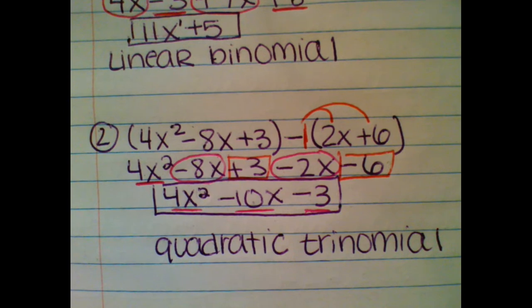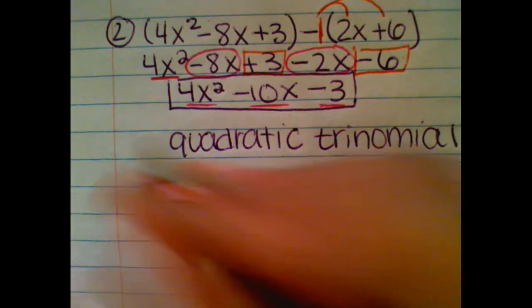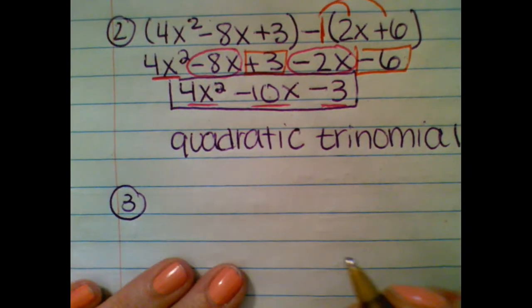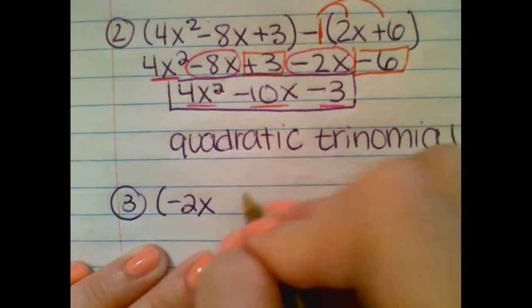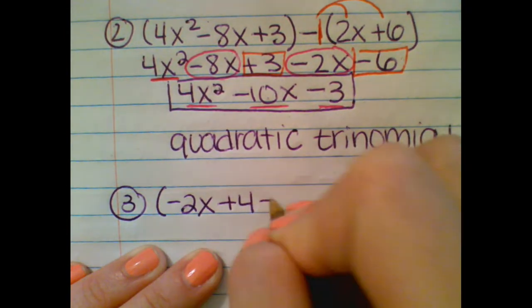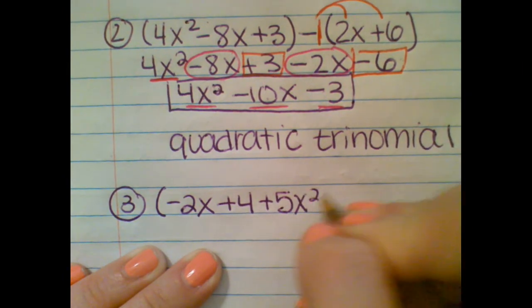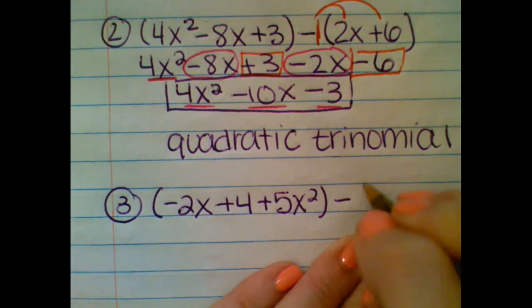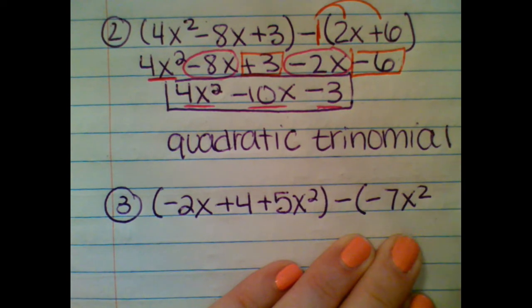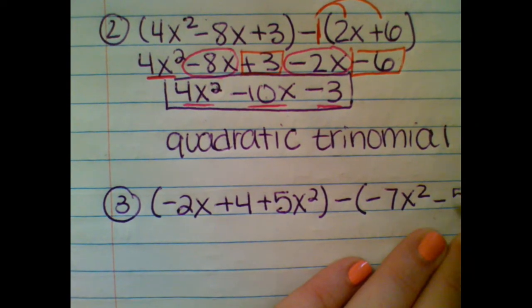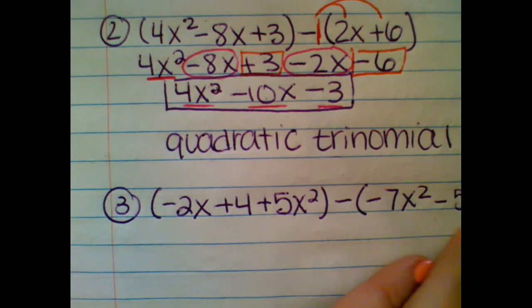Okay, last one. We're going to do a trinomial minus a trinomial. Okay, (negative 2x plus 4 plus 5x squared) minus (negative 7x squared minus 5x plus 4).